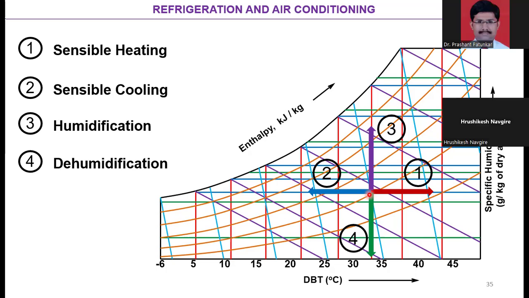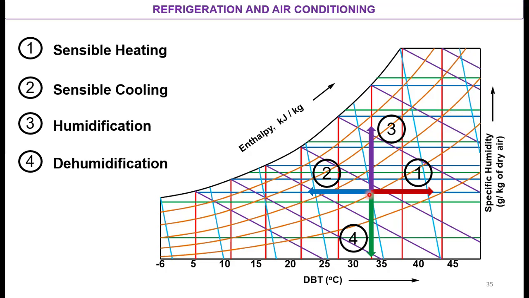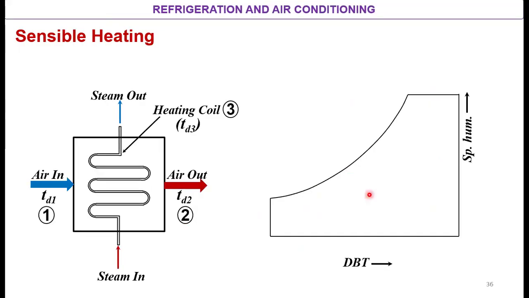But in humidification and dehumidification, the temperature remains constant, but there is a change in the moisture content, or the specific humidity of the air. Have you understood the meaning of these processes? Yes, sir. Okay, now let us see these processes one by one in detail.